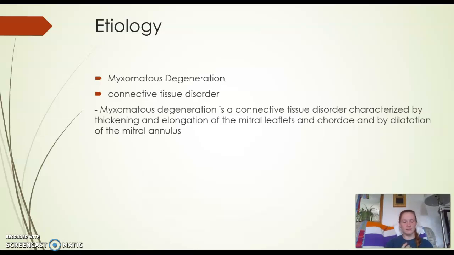I should mention that the spongiosa of the mitral valve leaflets actually proliferate with mucopolysaccharide deposits and with excessive water content. The leaflets thicken and become redundant. And then also a collagen issue where the collagen content increases and the elastin fibers are fragmented.